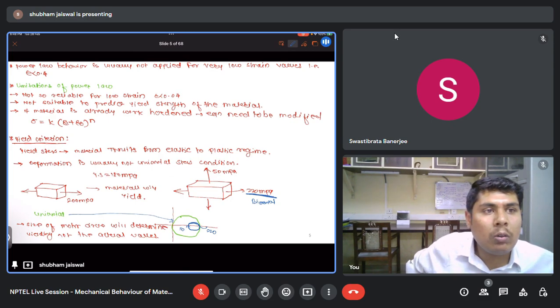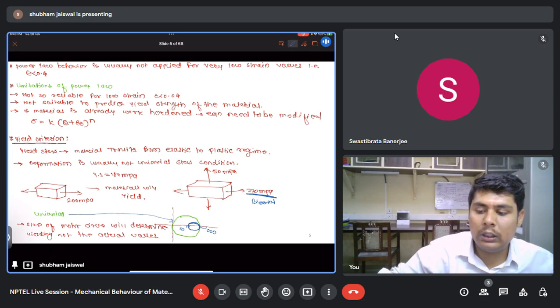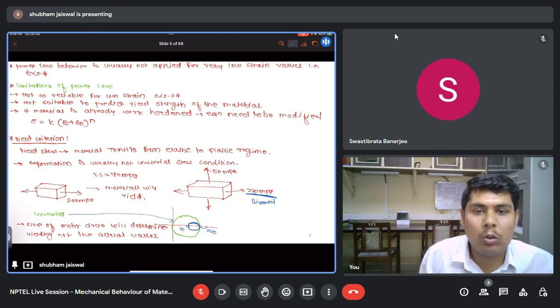In the yield criterion, what we are saying is that the size of the Mohr circle will determine the yielding. I am discussing that further. You will get clarified after the Tresca, when the concept of effective stress comes, you will come to know why it is happening.